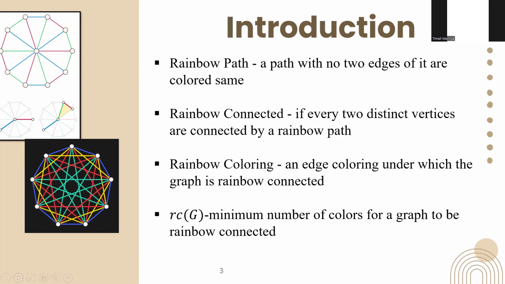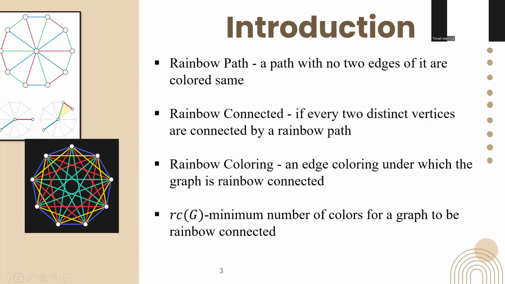While in communication networks, rainbow connections help design systems where signals travel through unique, non-repeating pathways, reducing interference and improving the overall reliability of the network, which is especially critical in wireless sensor networks.